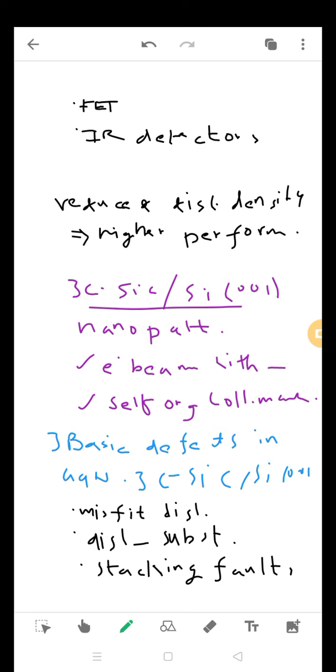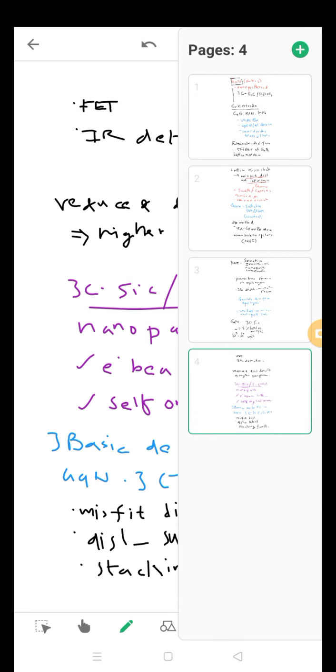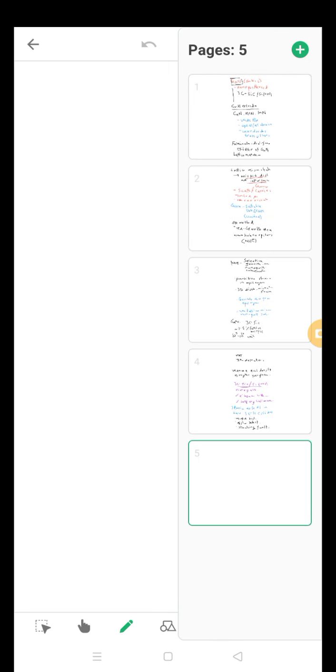Now this misfit dislocation is due to the relaxation of the strain behavior.